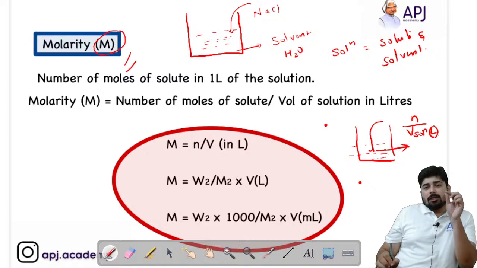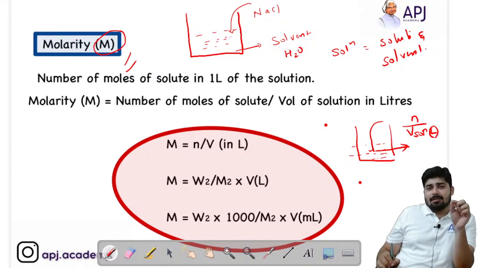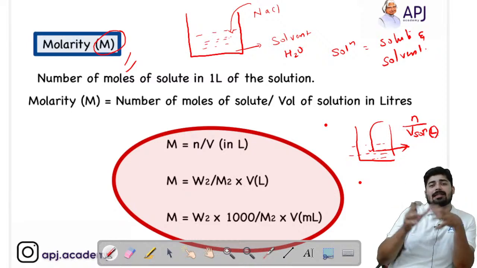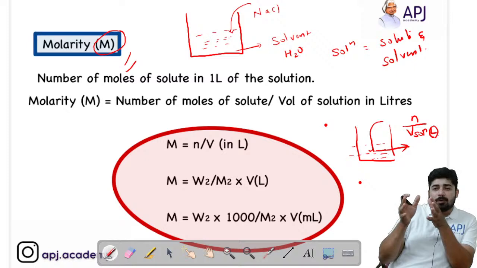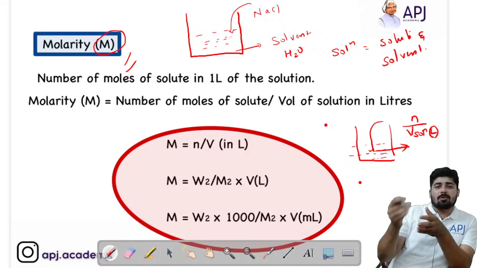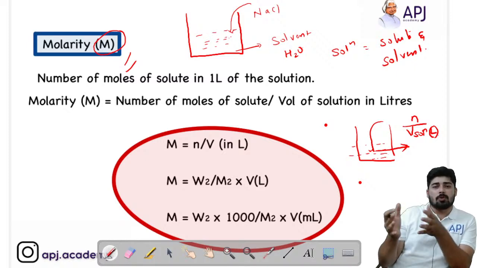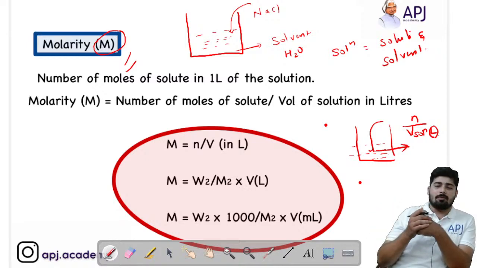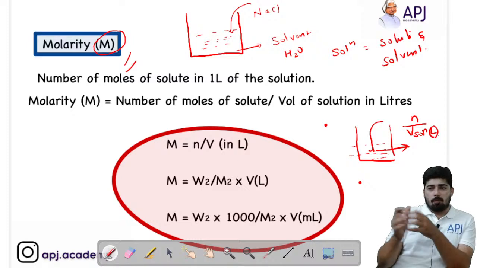That means you take 1 liter and identify how many moles of solute are present in that 1 liter, and if you divide that number of moles of solute by the volume of solution, you will get the proper molarity value. Okay, hope this is clear.